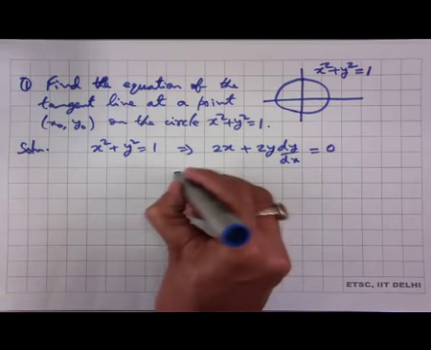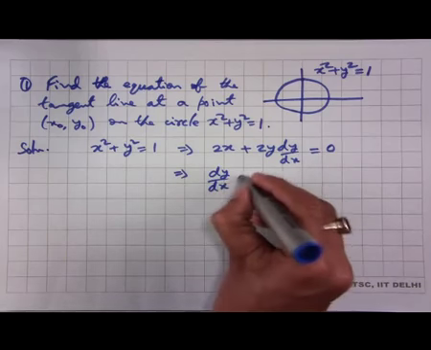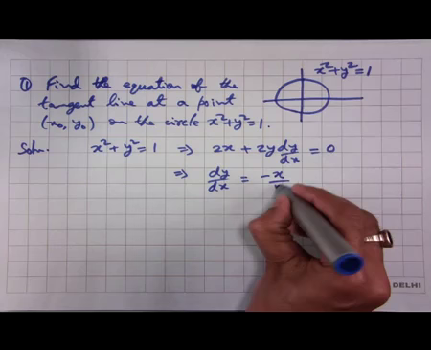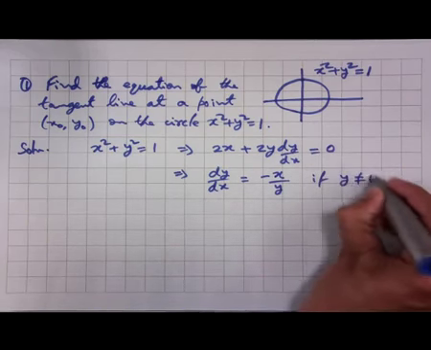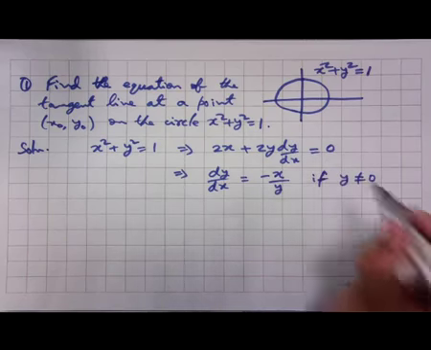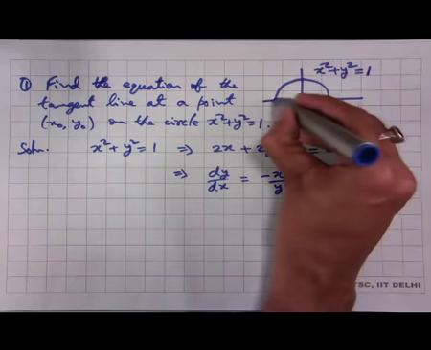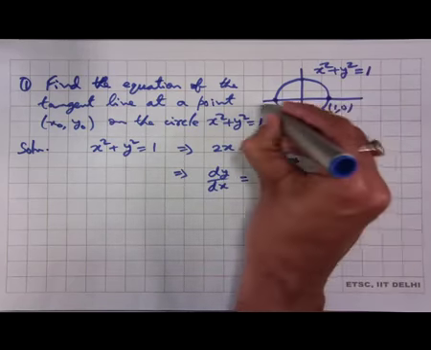This implies the derivative dy dx is equal to minus x over y if y is not equal to 0. So, this holds for every point except where y is 0, which gives these 2 points 1 comma 0 and minus 1 comma 0.